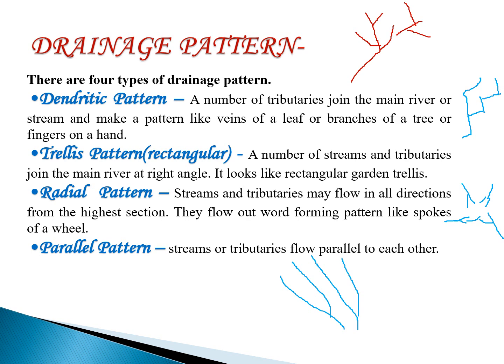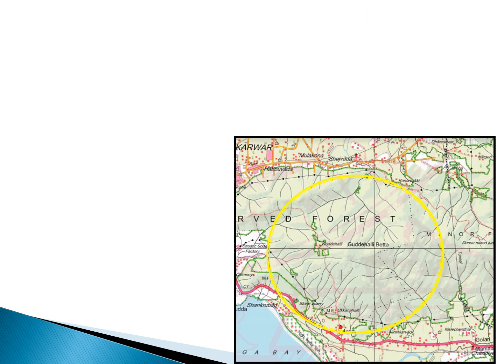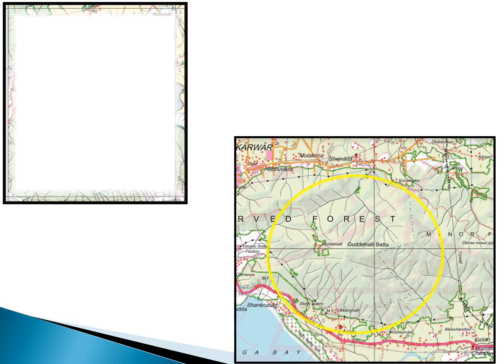So like that, wherever on the map you can see, I hope you guess what pattern it is, right? So it looks like the branches of a tree. You can see these are the streamlets, okay, and here it shows the dendritic drainage pattern, which looks like the branches of a tree.